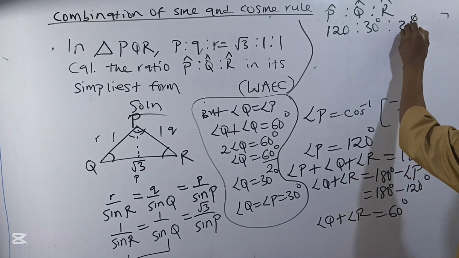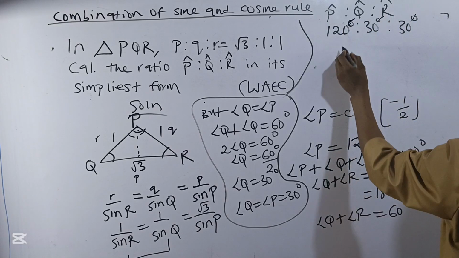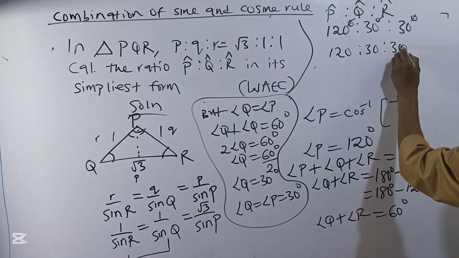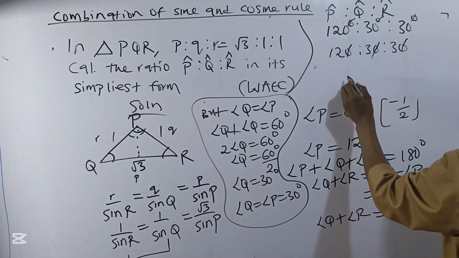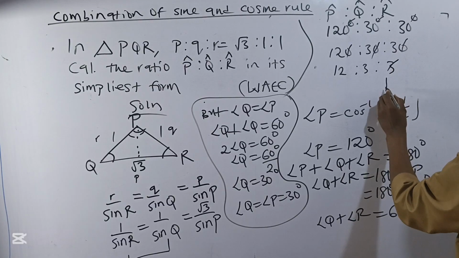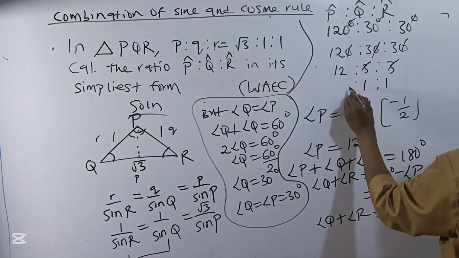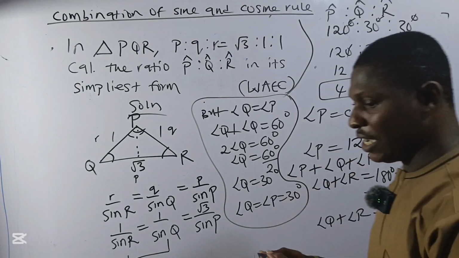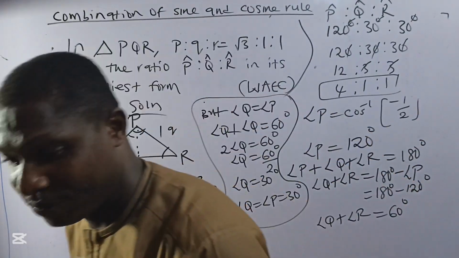Now you can see all the degrees can cancel. So I have 120 ratio 30 ratio 30. This can cancel. And I'll have 12 ratio 3 ratio 3. And 3 here 1, 3 here 1, and 3 here 4. So I'll simply have 1 ratio 4 ratio 4 as the answer to this question.